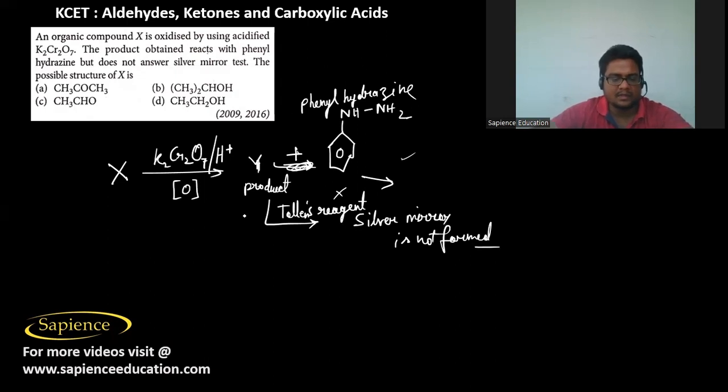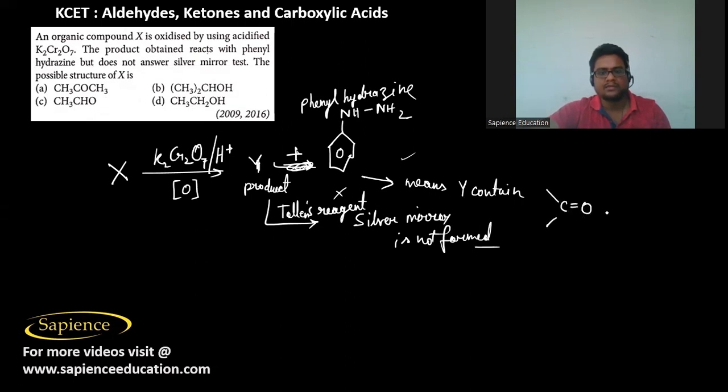So then here the possible structure of X is, so it reacts with phenyl hydrazine. It means the product Y should contain the ketone group, and the same product does not give silver mirror test.